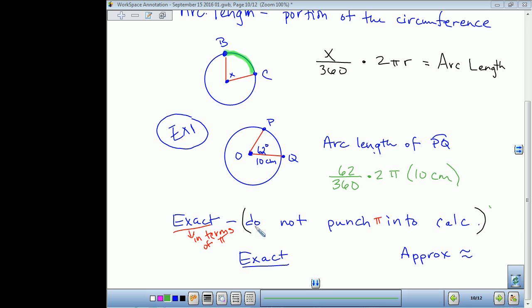So to get the exact, you're going to punch everything in except for pi. So you do 62 divide by 360 times 2 times 10. Enter. Uh-oh. I got 3.4 repeating. Am I allowed to mix a decimal number with pi?